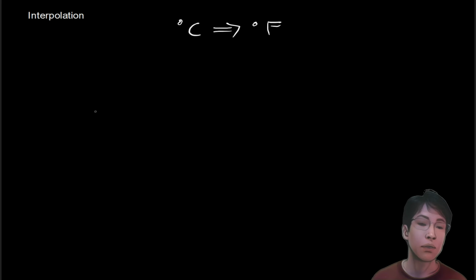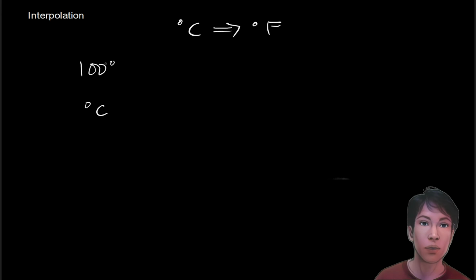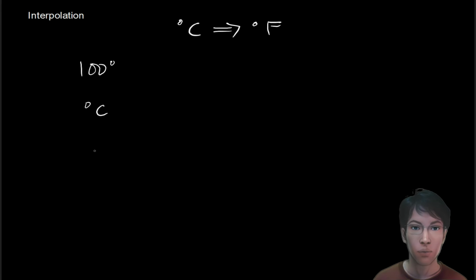I haven't memorized the formula, but what I know is that for degree C, the boiling point of water is 100 degrees Celsius and the freezing point of water is 0.